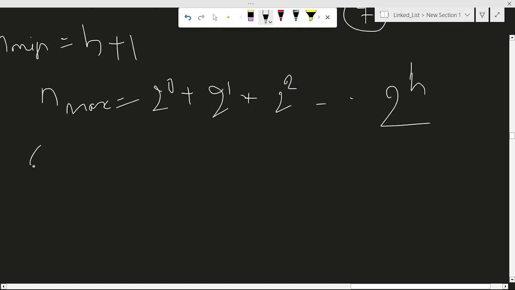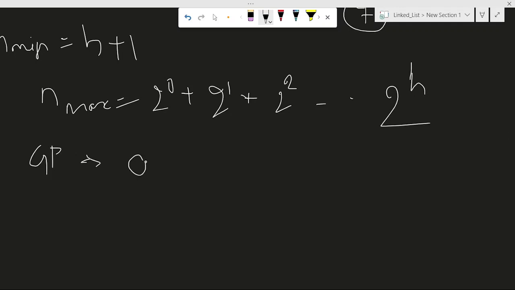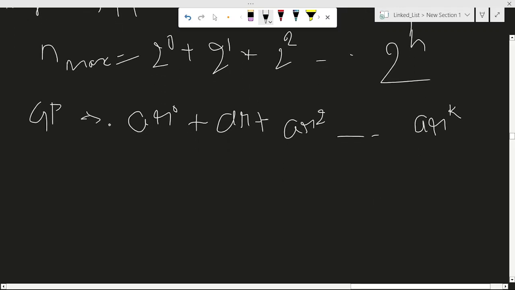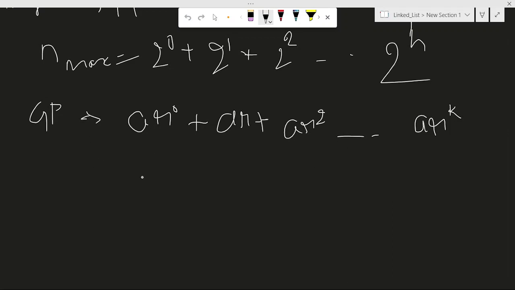So you know geometric progression. What is the structure of geometric progression? It is a r power of 0 plus a r plus a r to the power of 2, and it can go till a r to the power of k. This is what you know, right? So what is the formula if you do this addition?